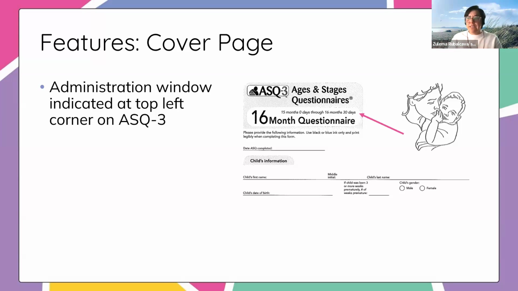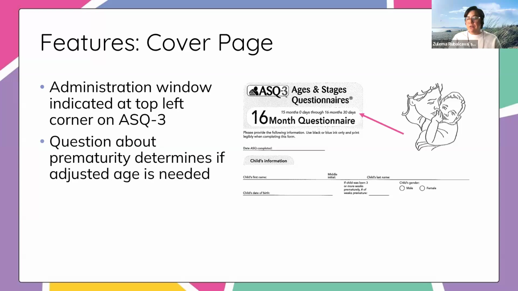The second feature that is going to be really helpful is a question around a child who is born preterm. So there's always going to be this question. I always suggest that you get the ages of your children and you ask this question before you start handing out questionnaires, right? Because this is only for children younger than 2.